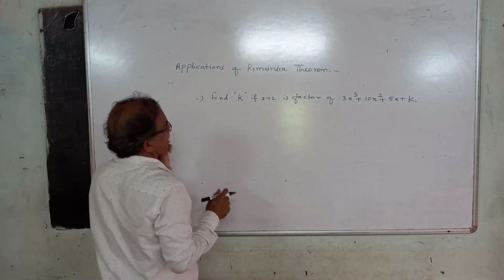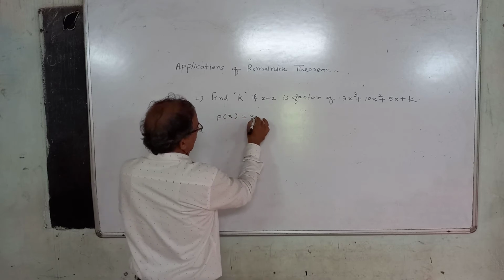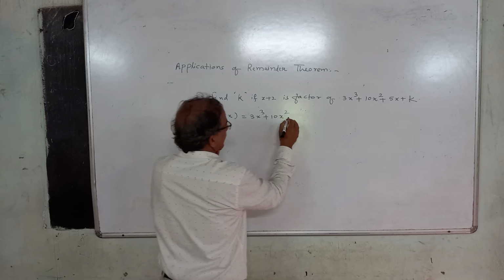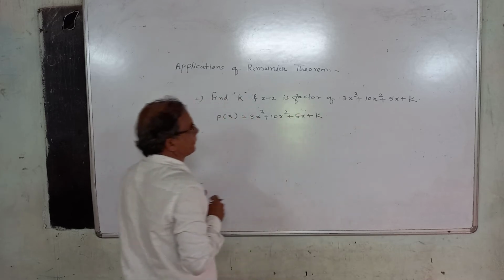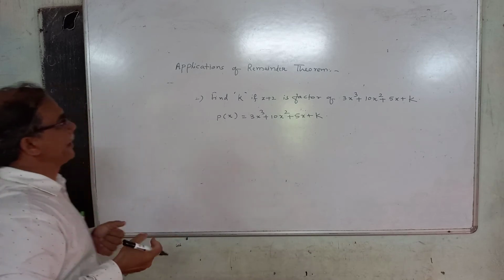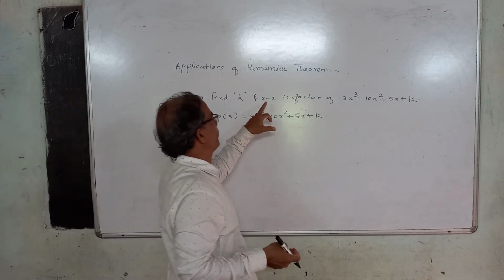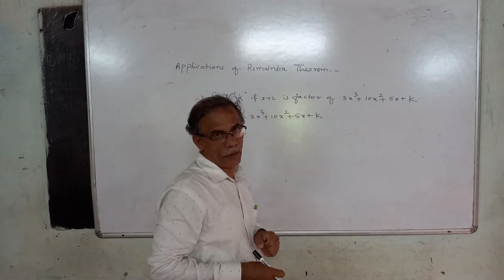So now, what is given? The polynomial in x is equal to 3x cube plus 10x square plus 5x plus k, isn't it? Now it is divided by x plus 2; find k if x plus 2 is a factor. So if we divide this polynomial by x plus 2, the remainder must be 0.